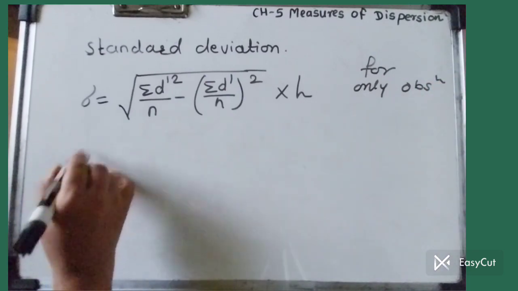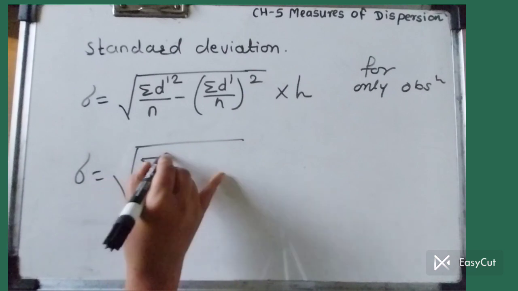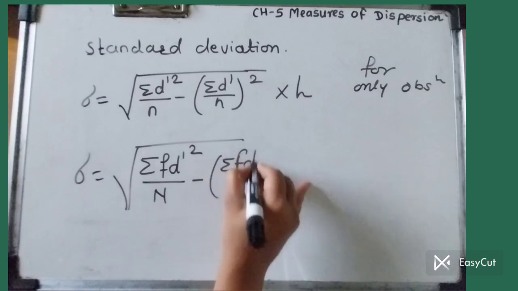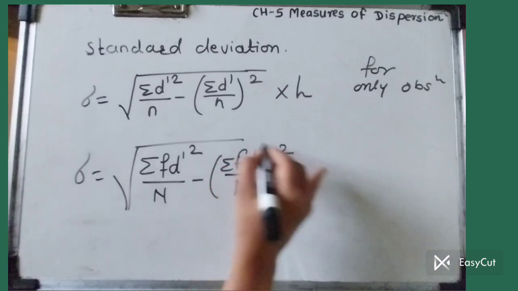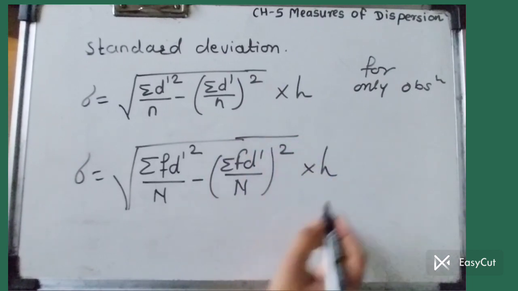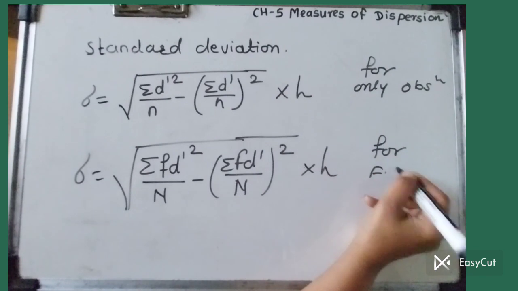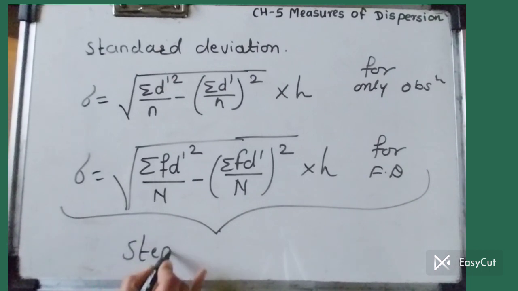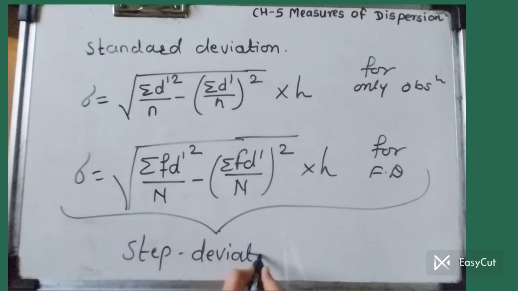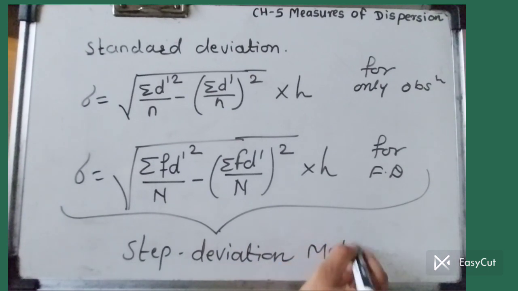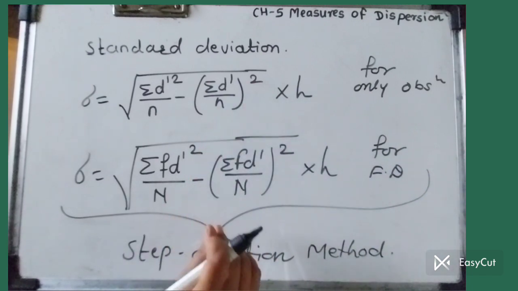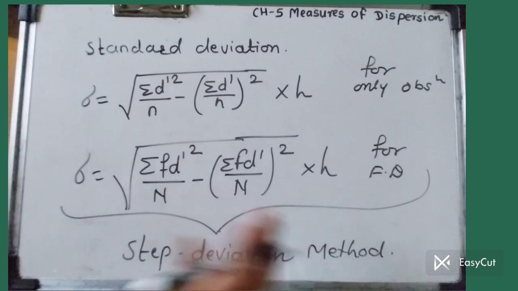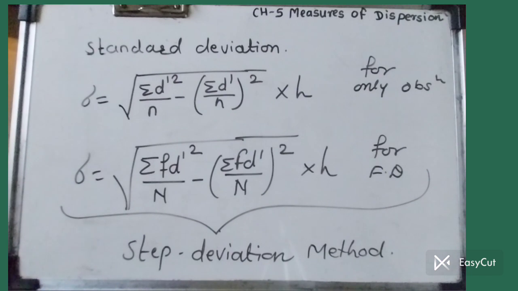Again, sigma equals summation f d dash square upon capital N minus summation f d dash upon capital N bracket square, into h, for frequency distribution, and both formulas belong to the step deviation method. Clear?